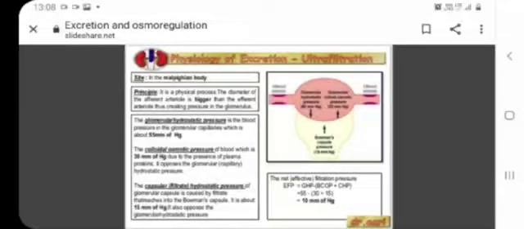So we can say the net or the effective filtration pressure is the glomerular hydrostatic pressure minus the blood colloidal osmotic pressure plus the capsular hydrostatic pressure.